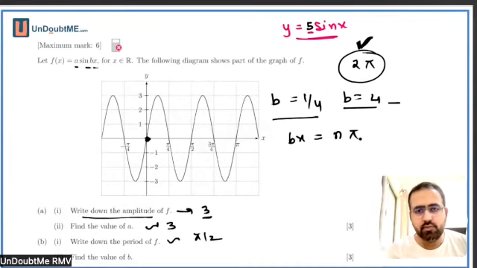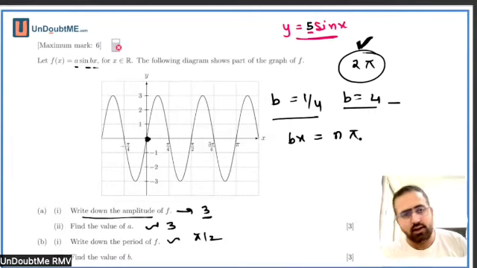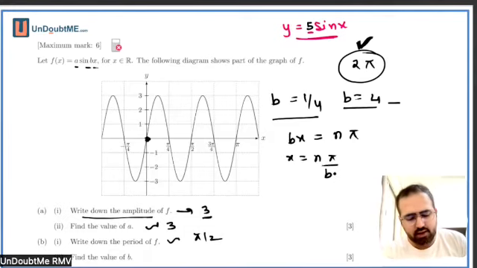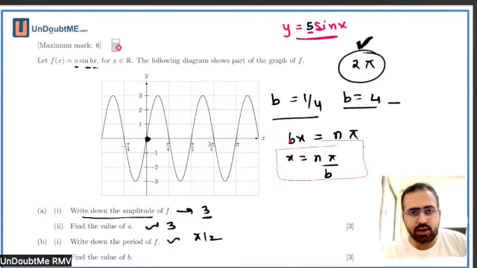How you have to interpret it, try to understand. This bx value should be equal to some n pi. Everyone is getting this? So the x value from here, where sin bx is 0, will be equal to n pi by b. This is the most important part of this question. You don't have to write everything, but yes, you should understand this.